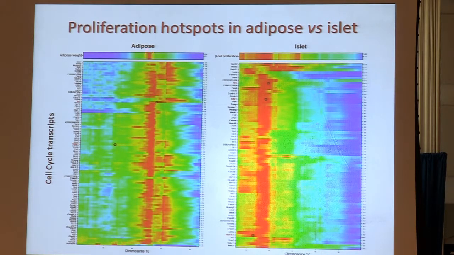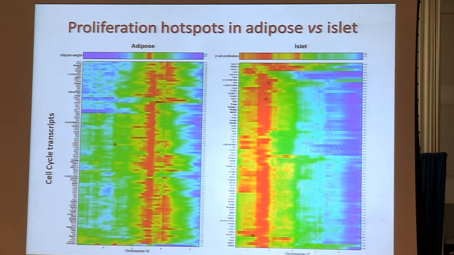And at the top of each panel, I have a clinical trait. So in the adipose, it was adipose weight that co-mapped with the eQTLs for cell cycle, whereas in the islet, it was a measure of beta cell proliferation. And that's an independent validation that the eQTL for a gene actually means something, because here we have a clinical trait showing the same genetic dependence as our eQTL architecture.